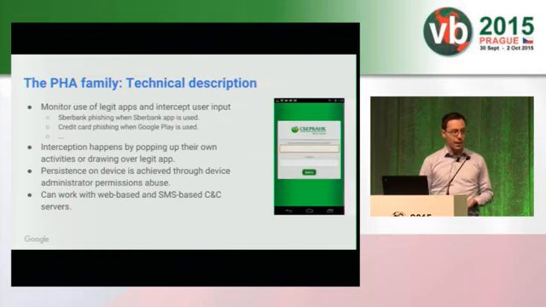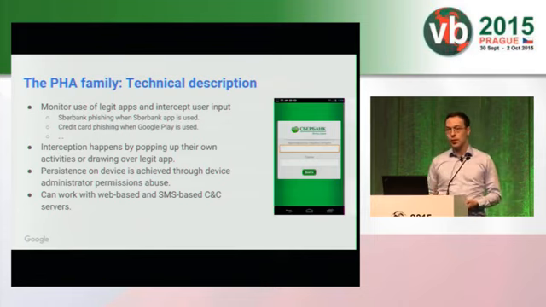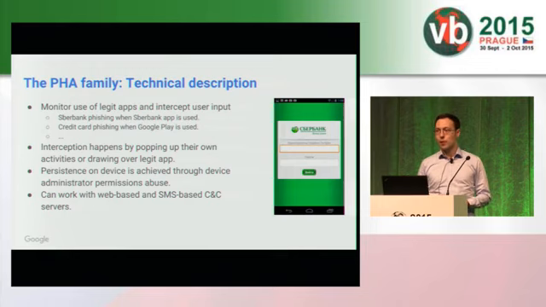So what does it actually do? On the screenshot to the right, you can see what it looks like for one particular phishing situation. That particular phishing situation pops up when the user has the phishing Trojan installed and also has the legitimate Sberbank application installed. The user then wants to use the legitimate Sberbank application.